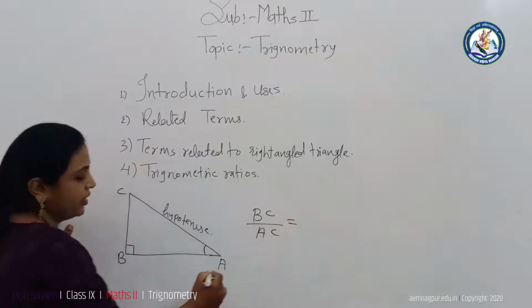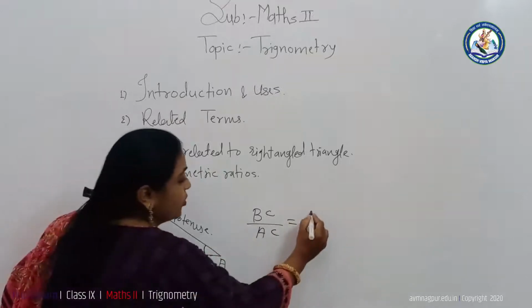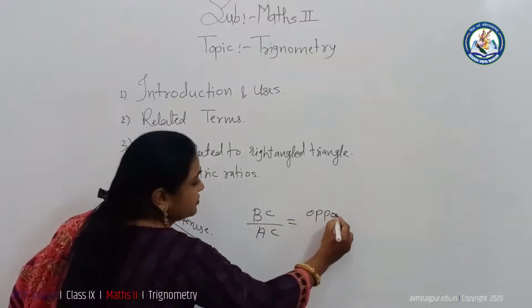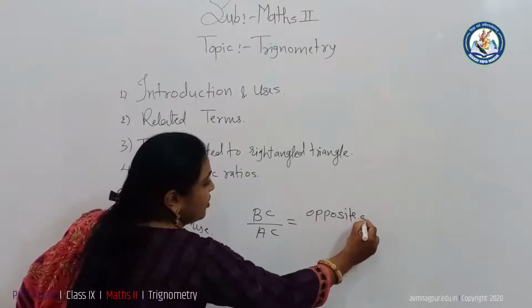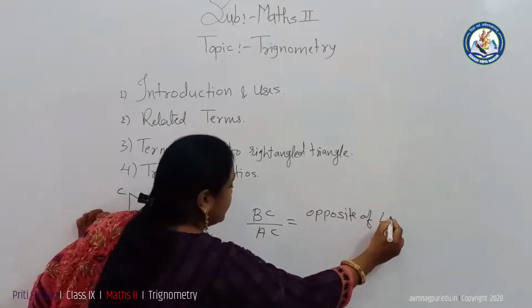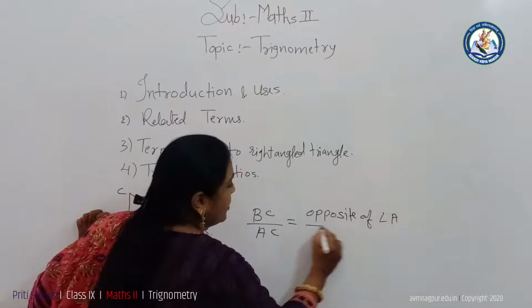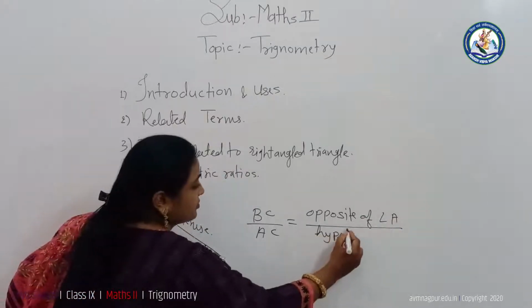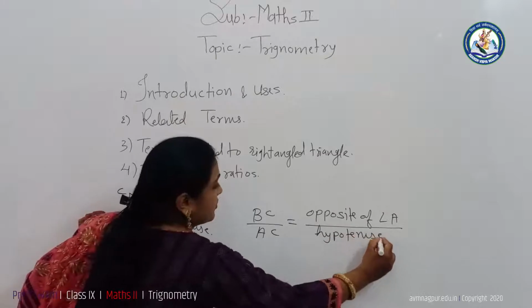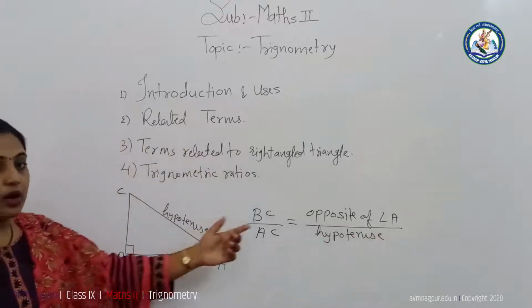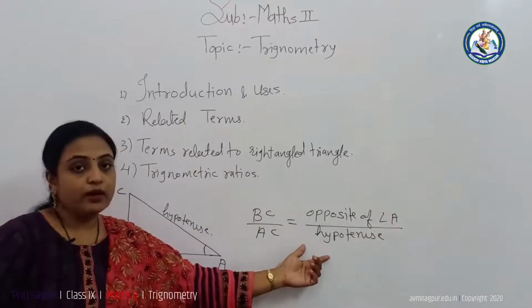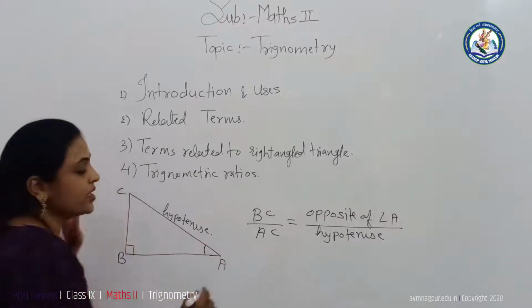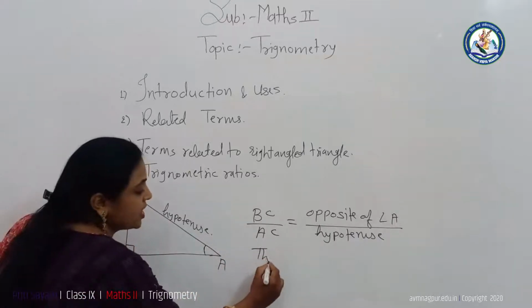So here we write BC, meaning the opposite side of angle A, upon hypotenuse. This ratio, opposite side of angle A upon hypotenuse, is called the sine ratio.